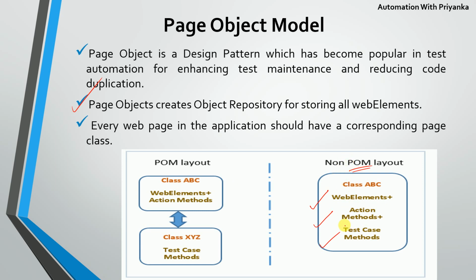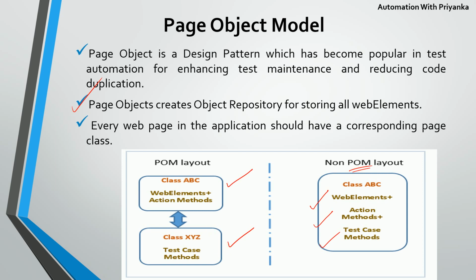Instead of writing everything in one class, it is best practice to have one page class and one test case class. This is how you can implement your page object model. So tomorrow, if you are working with a complete application, whatever number of pages there are, implement separate pages and separate test cases.